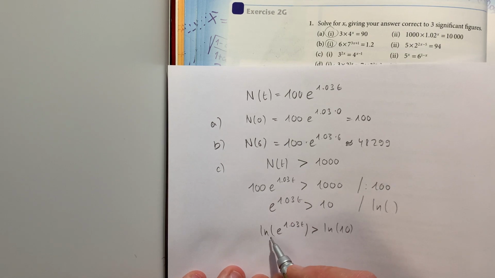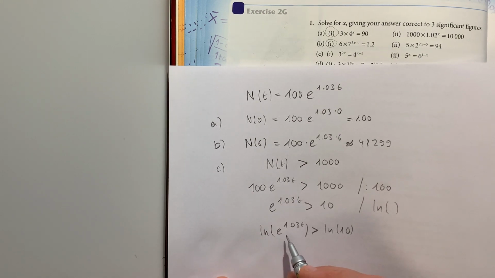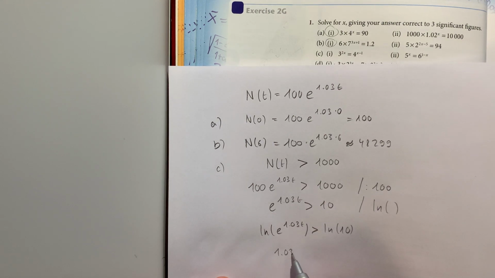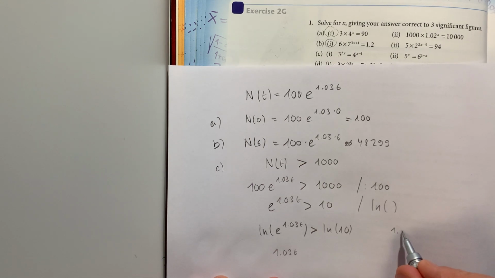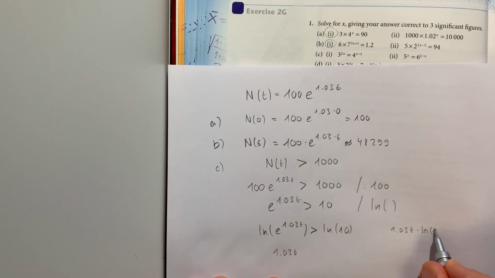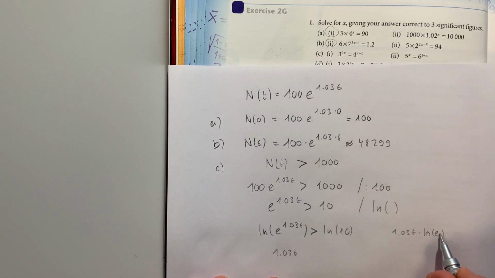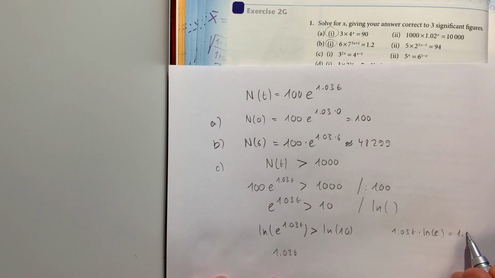Now, this is the log to the base of e. In this case, it's particularly simple because e to the 1.03 t under the ln is obviously 1.03 t. You could also have said 1.03 t times ln e, and e to the what is e? Well, e to the 1. So you would have got 1.03 t as well.